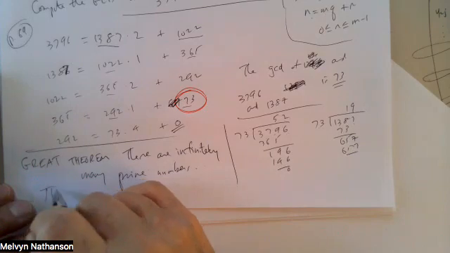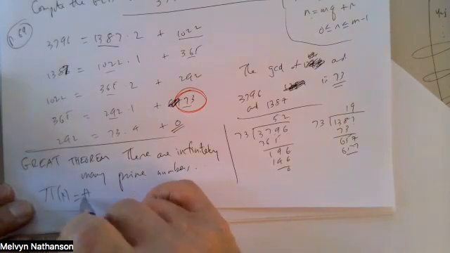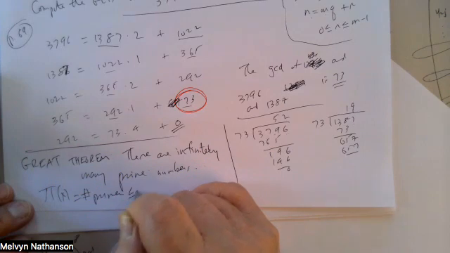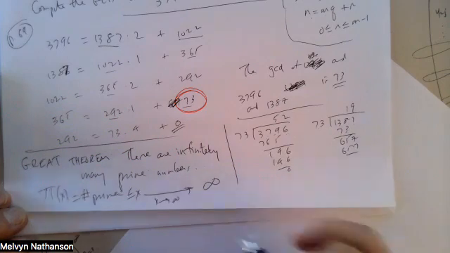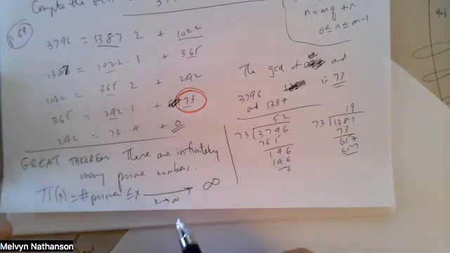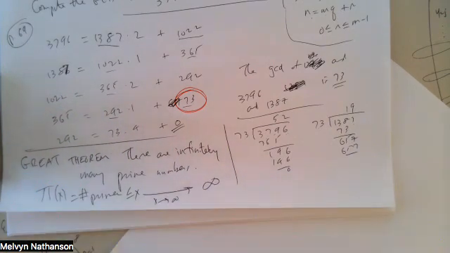So let pi of x be the number of primes up to x. As x gets large, this goes to infinity. The number of primes up to x increases without limit. And some of the most famous unsolved problems in mathematics have to do with trying to find primes. And that is what we will talk about next Wednesday.